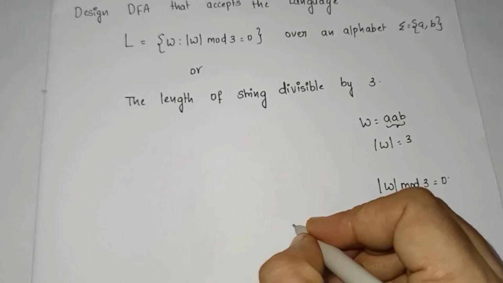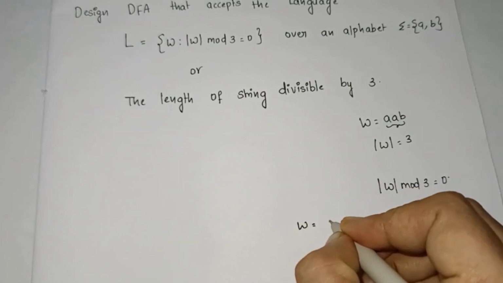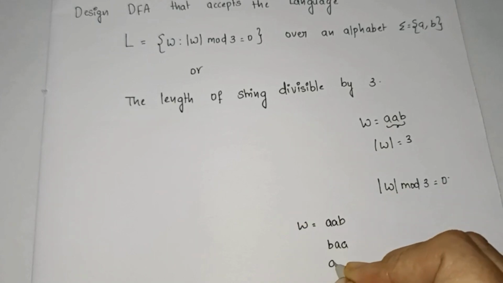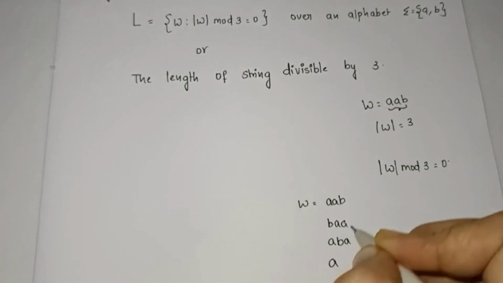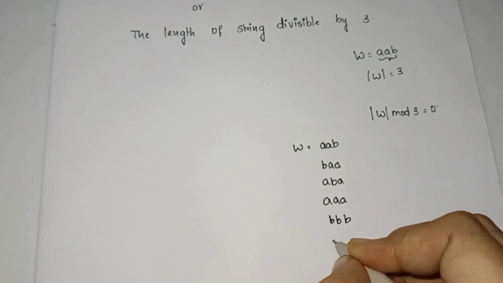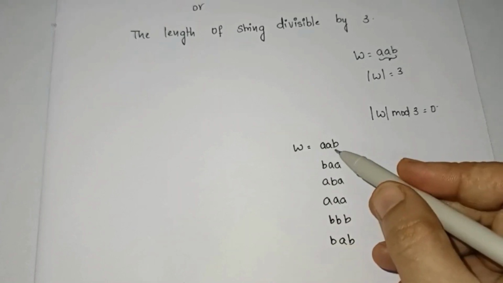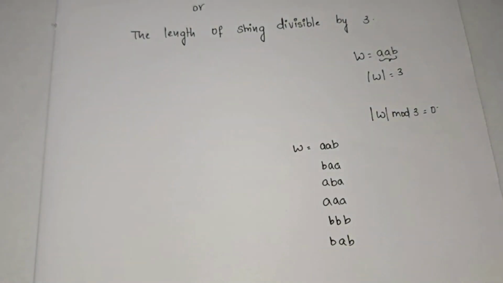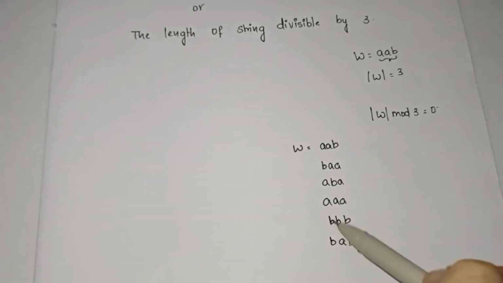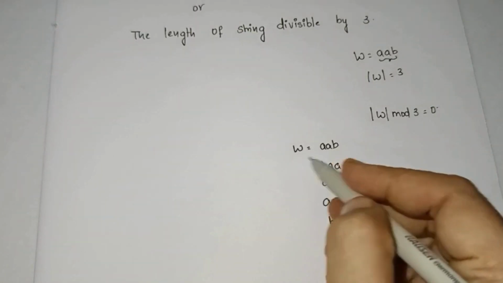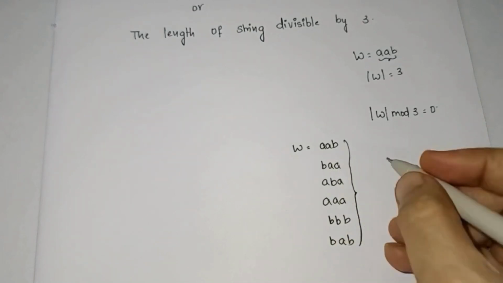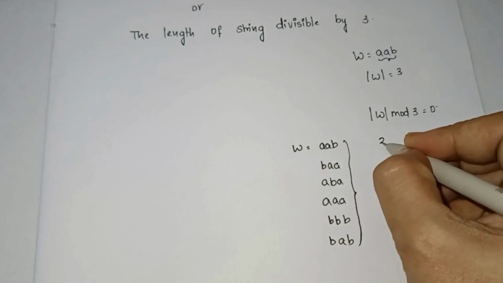If I take W equals to AAB or BAA or ABA or only AAA or only BBB or BAB, any combination of A's and B's, there is no restriction on the combinations, but the length of the string should be 3. So these are all sample strings in which the length is 3.